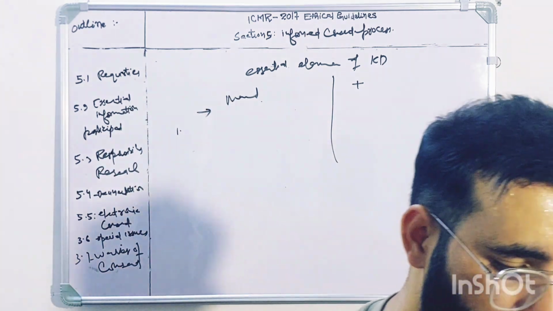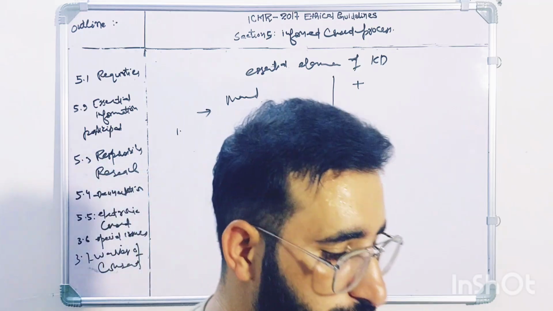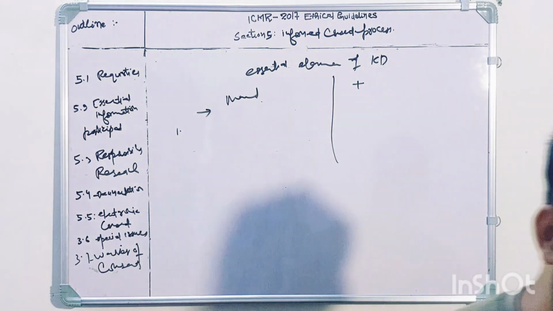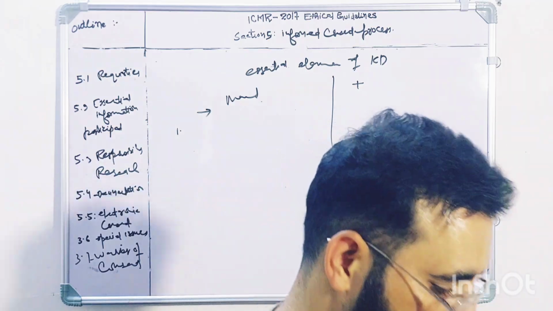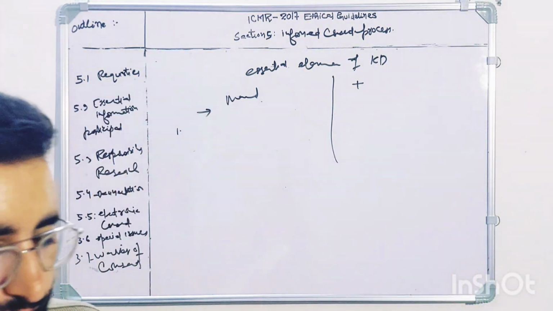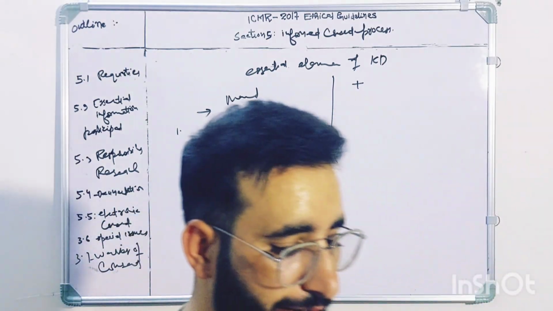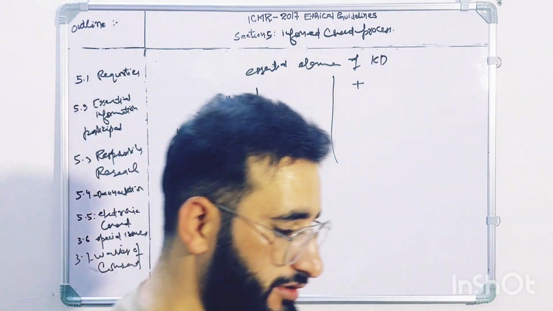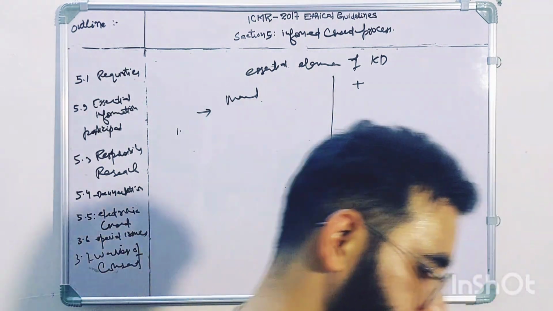The next thing that has to be mentioned is the post-research benefit and post-research plan or benefit sharing. For example, if the research is commercialized, then what is the post-research benefit and benefit sharing. Then next is the publication plan, and if any photography and pedigree chart is to be published, this also has to be mentioned.